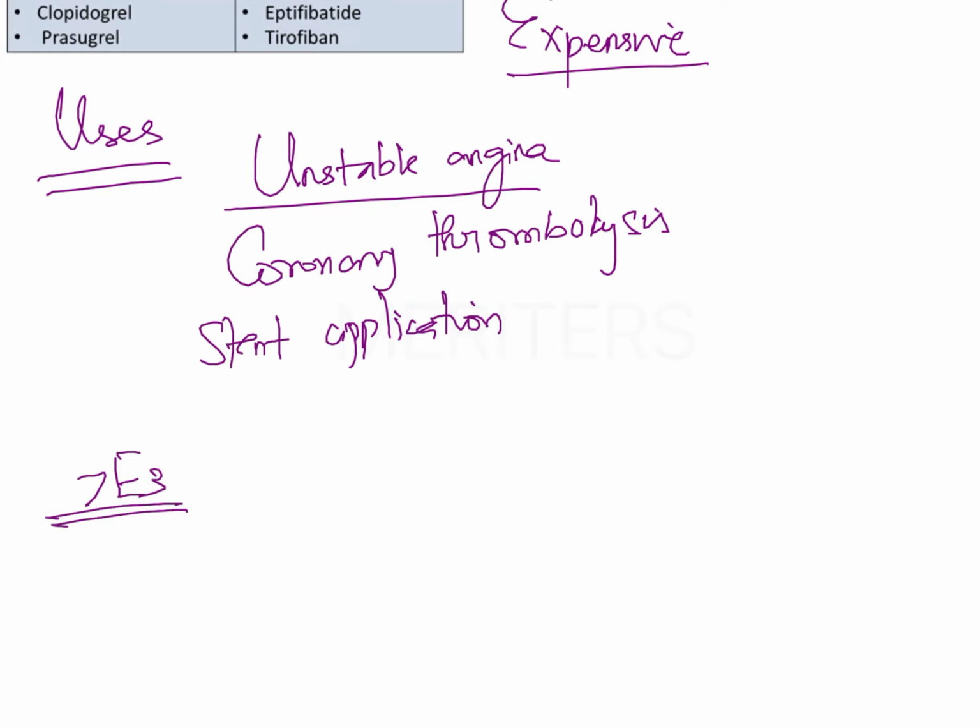Then what else do you have to know about Abciximab: other antiplatelet drugs. I am just giving you a rough image, you just have to understand this. Say this is the surface of your platelet, and you have receptors, let the receptors be a little bigger.